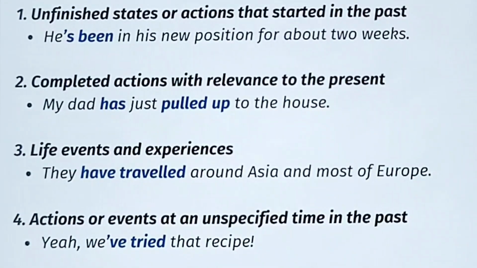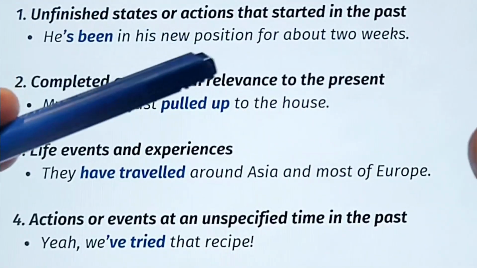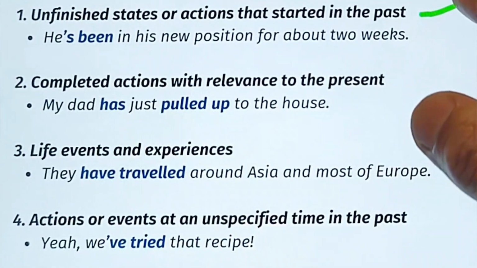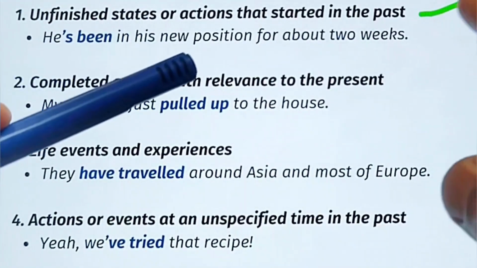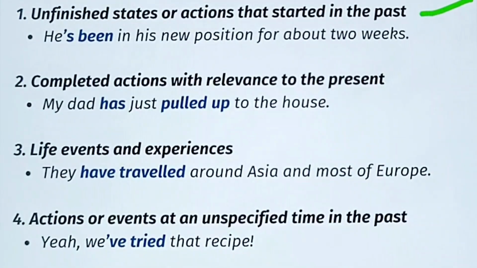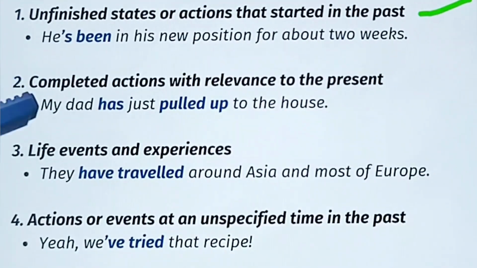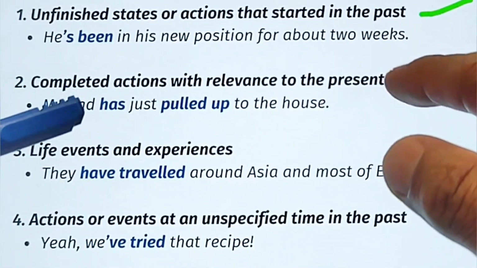We use present perfect simple tense for unfinished time or action that started in the past. He has been in his new position for about 2 weeks. This is the example.